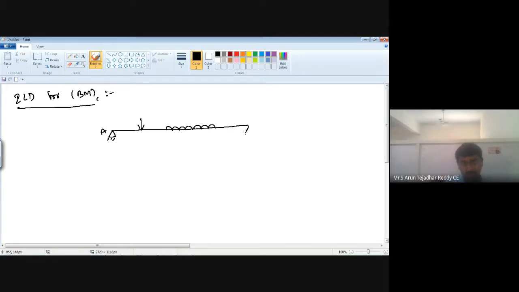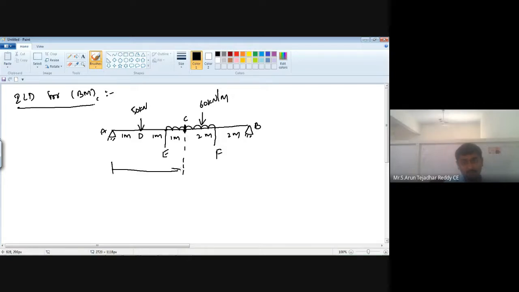Same diagram, AB, and here we have C. Load is 50 kilonewton and 60 kilonewton per meter. And the spans are 1 meter, 1 meter, 1 meter. Here it is 2 meter, it is 2 meter. This point is D, it is E, it is F. Now we need to find out the bending moment at point C.